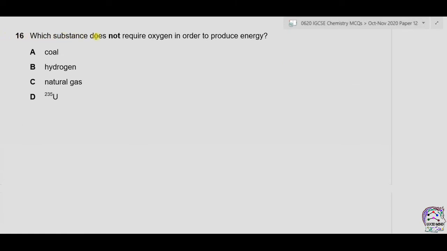Question 16. Which substance does not require oxygen in order to produce energy? A is coal. Now coal is made up of carbon, and carbon requires oxygen in order to produce carbon dioxide and energy. So A is wrong. B, we have hydrogen.